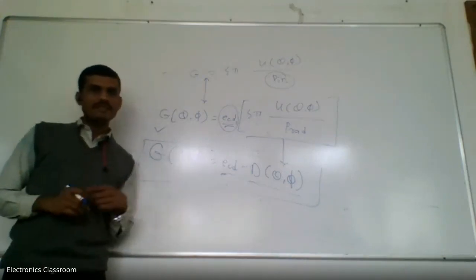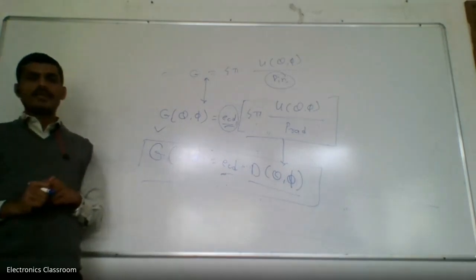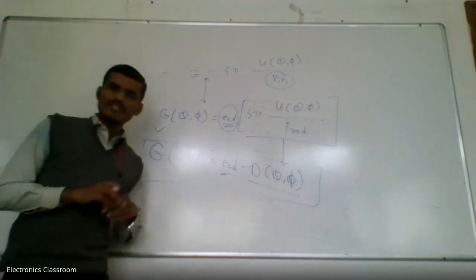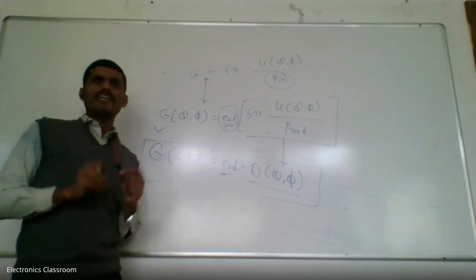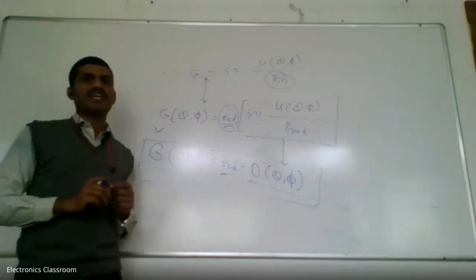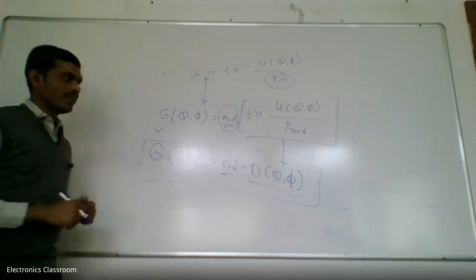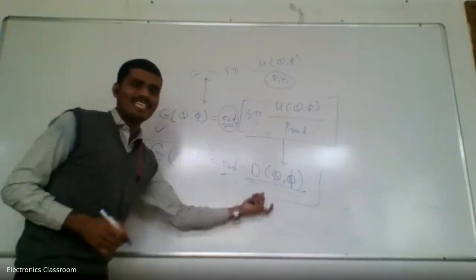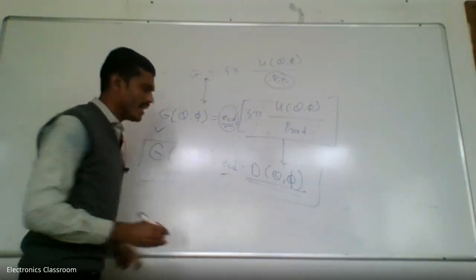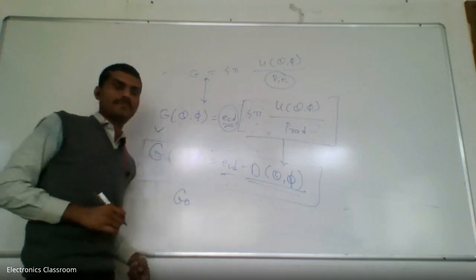So once again, this is your absolute gain. Now, when no given direction is specified, we can calculate the maximum value of the gain, which is related to the maximum directivity. This is simple directivity. But when we take the maximum directivity of the antenna, we can calculate the maximum gain of that particular antenna.